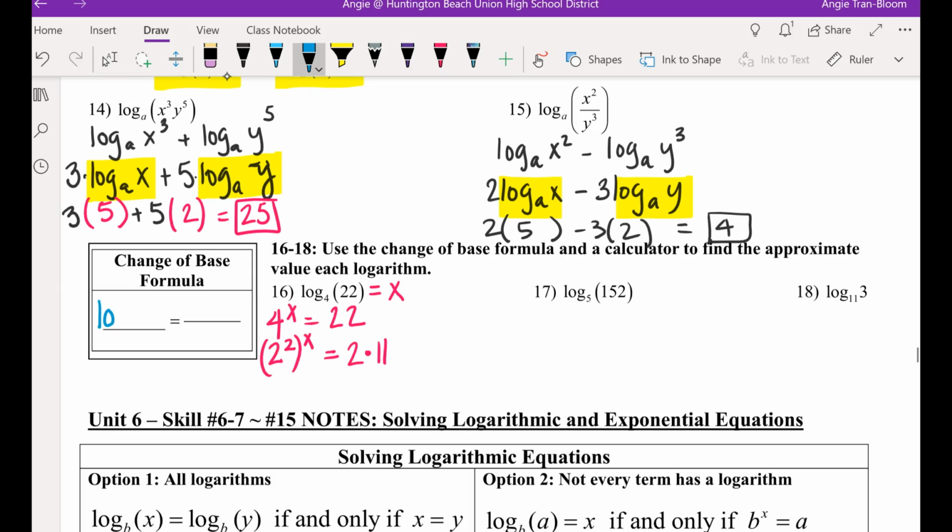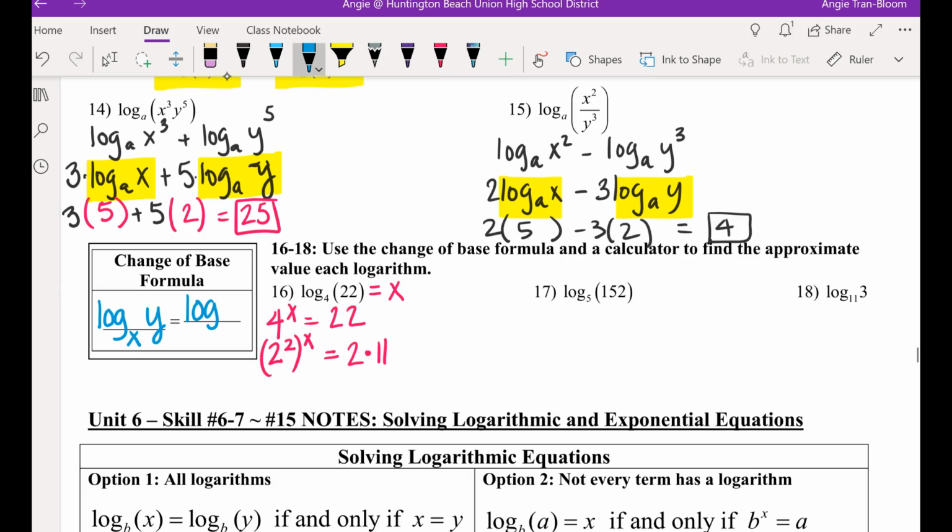If I give you log base anything, let's call it base x, of y, okay? So base can be 4, 5, 6, 99, and y can be anything again. And I cannot evaluate without using a calculator. Then I can use my calculator and punch this in.